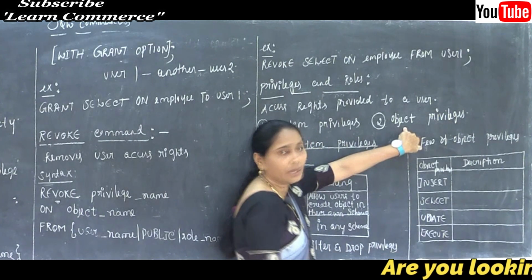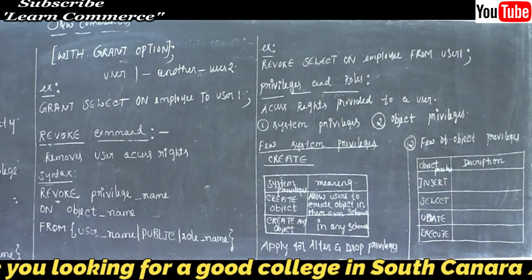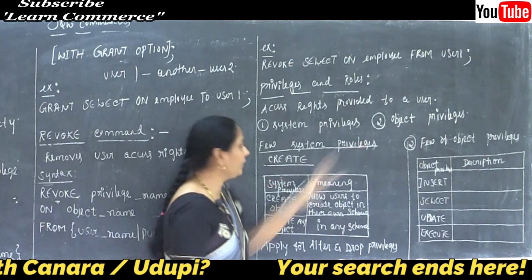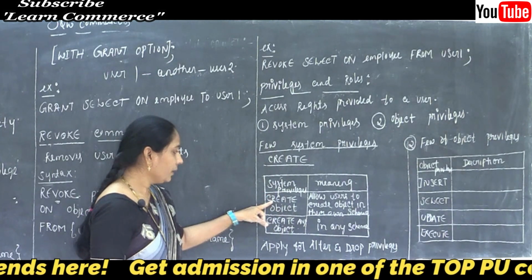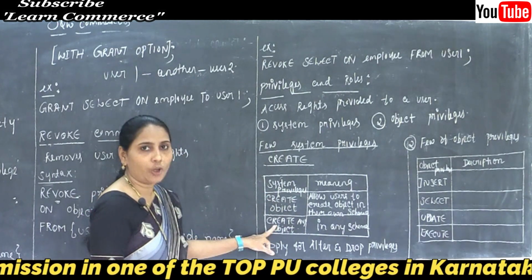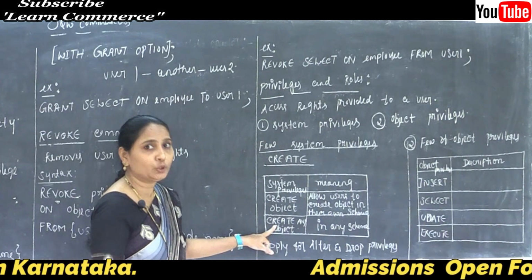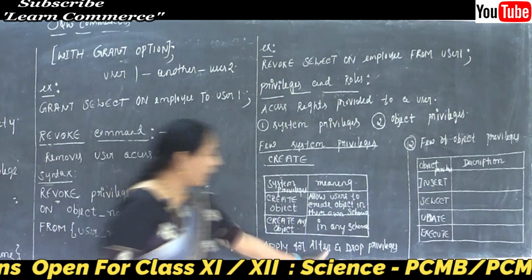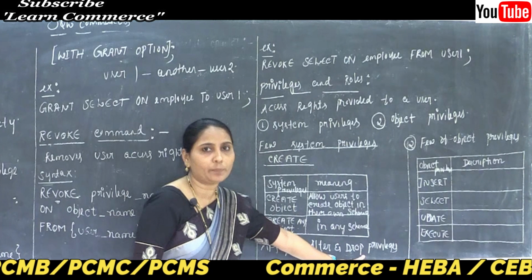Later, after completing the system and object privileges, a few system privileges are create object and create any object, and some other commands also join our system privileges: alter and drop, the drop system privileges.